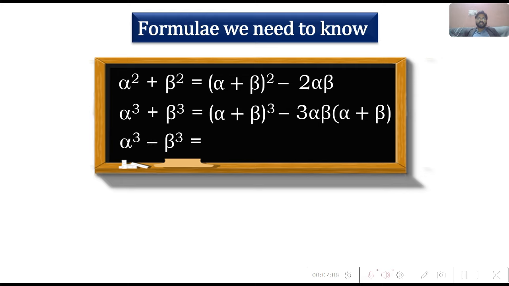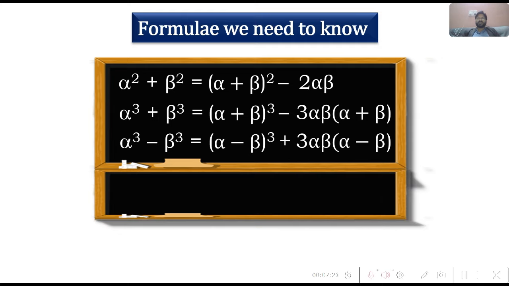Alpha cube minus beta cube is equal to alpha minus beta whole cube plus 3 alpha beta into bracket alpha minus beta. So these are the important formulas.